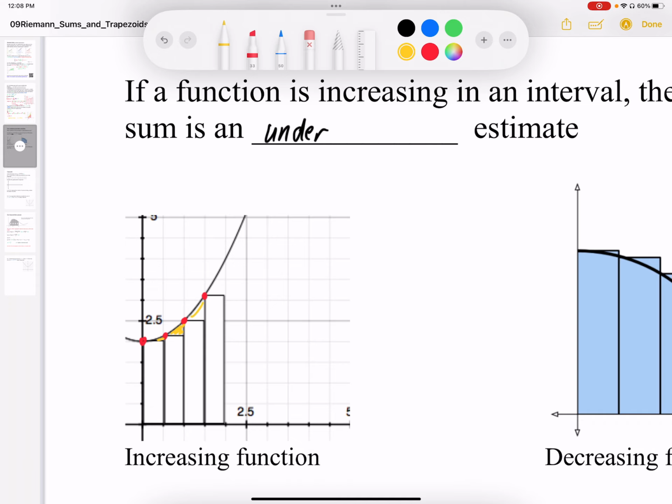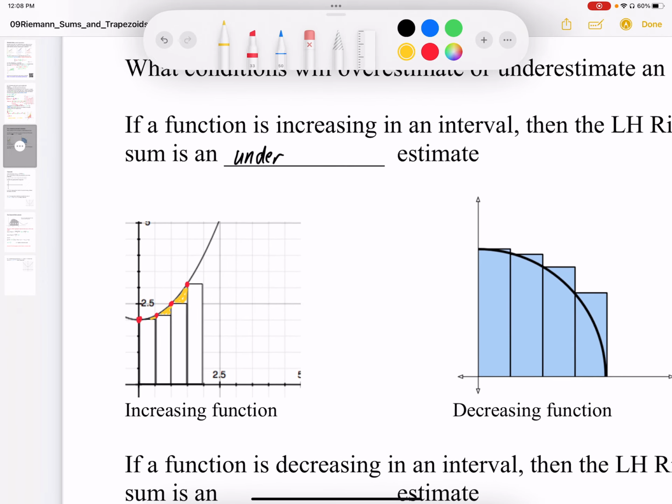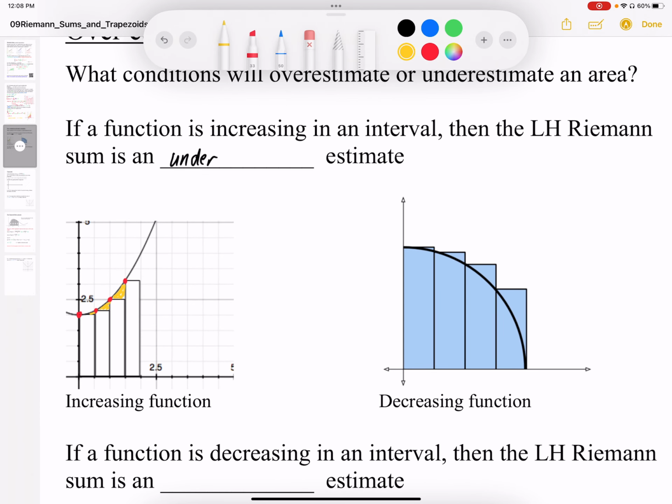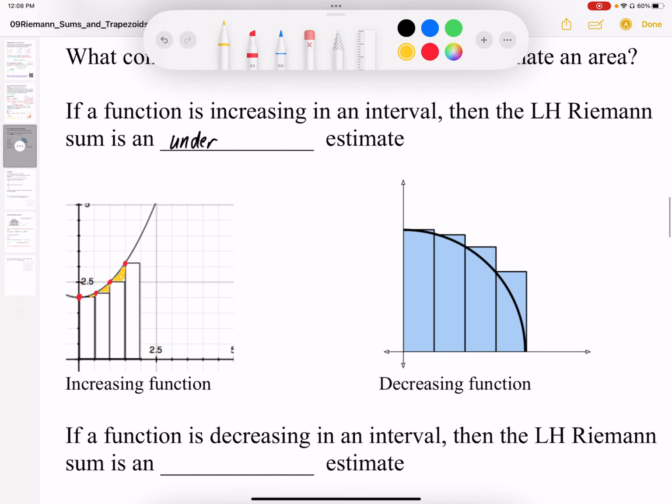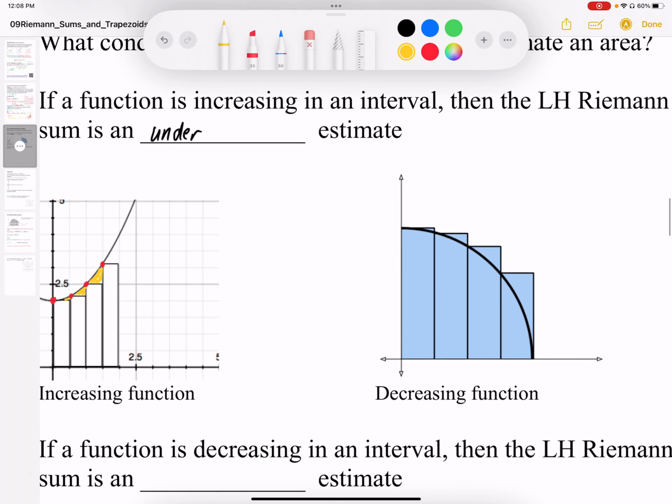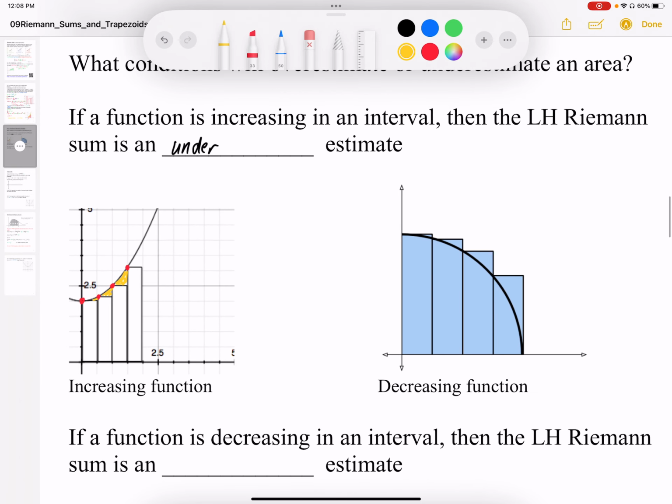Okay, and the easiest way to see it is if you actually just sketch a diagram of this. It's easy enough to sketch. And then the reverse is true for the decreasing function. So again, these are left-hand Riemann sums that I've drawn.